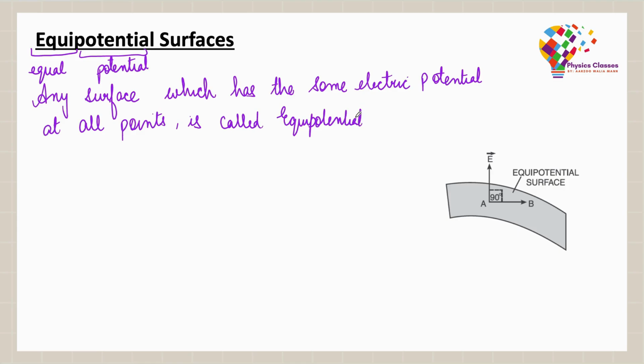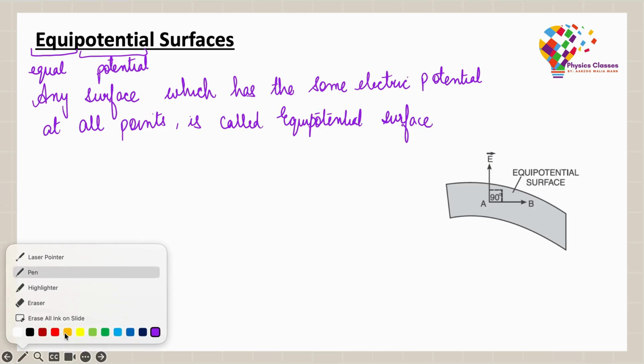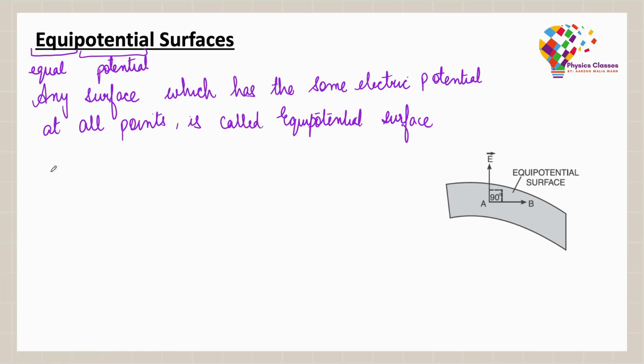Now if you look at the name, it's very easy to understand, but these equipotential surfaces have certain basic properties, and we are going to learn about their properties one by one. So firstly, there is no work done in moving a charge over an equipotential surface.